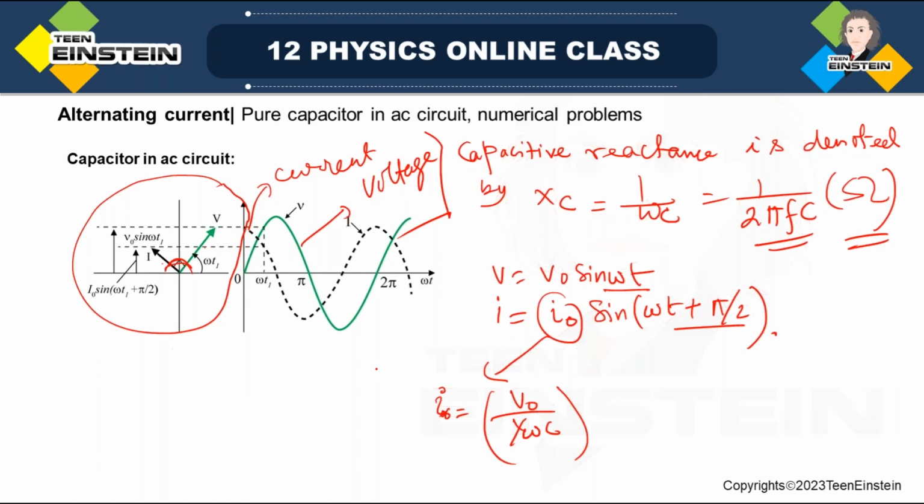Okay, so this was about the capacitor. And say if we draw the capacitive reactance, since it is X, this could be written as 2 pi f C. So as the frequency increases, in this case the capacitive reactance decreases.